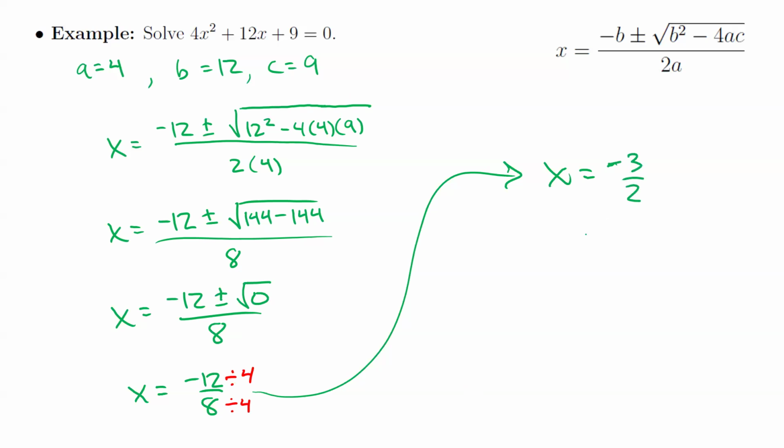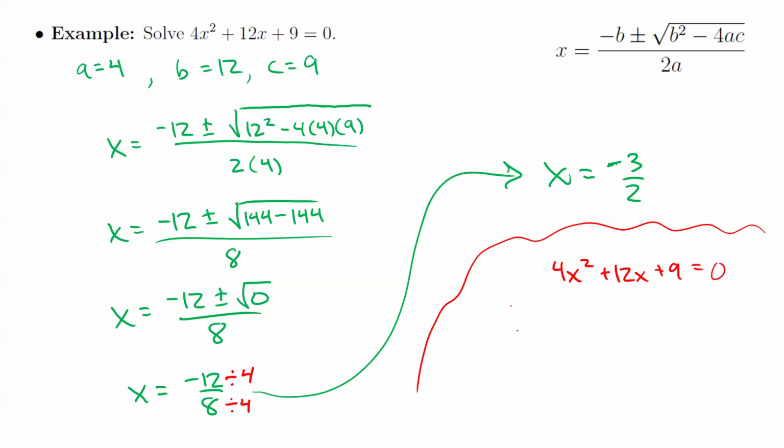Just one answer. Now, what's going on here? Well, we've seen situations before when we have a quadratic equation that only has one answer. And in fact, we can recognize that process if we take this equation and note that it actually is factorable.